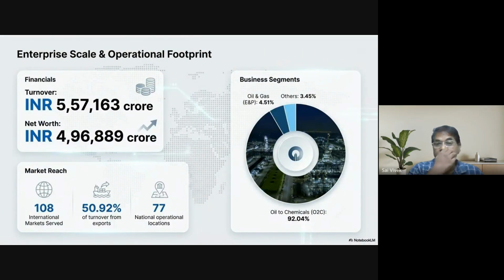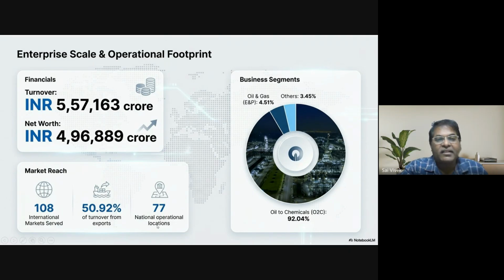So the details which we have seen there in that report, the financials: 5,57,163 crores of rupees is the turnover, and the net worth is given here. And the market reach is 108 international markets served, and more than 50% of it is exported.